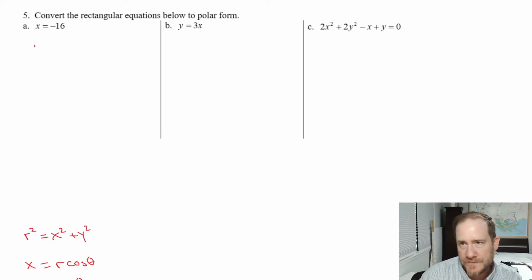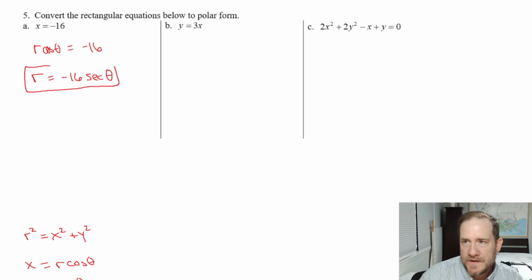X, well, that's r cosine theta, and it equals -16. Typically you want to solve for r when you can, so we'll divide by cosine. That'll give us -16 over cosine, but rather than saying over cosine, we'll just say times secant.